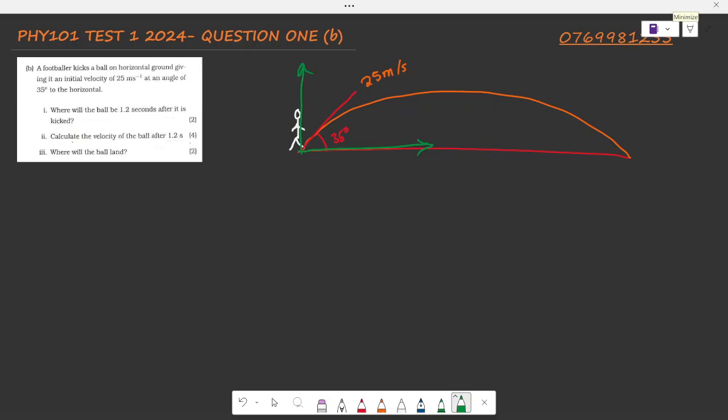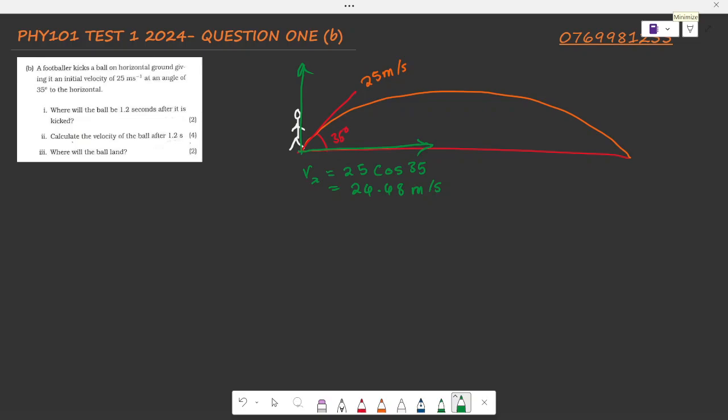The horizontal component is Vx, which is equal to 25 cos 35. If we solve this, it gives us 24.48 meters per second as our Vx.